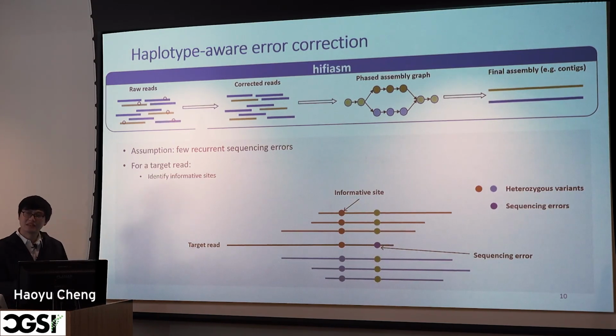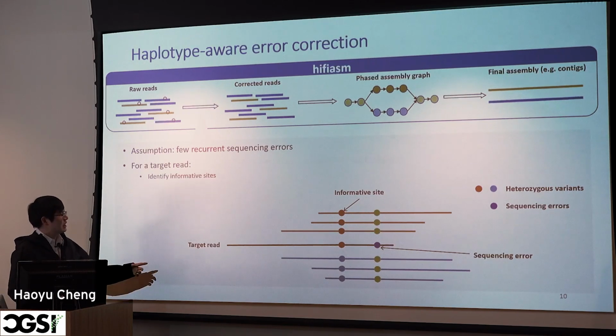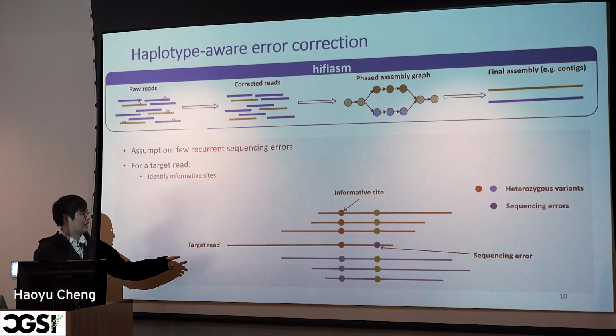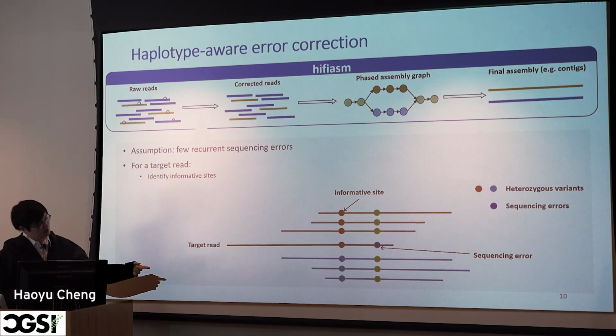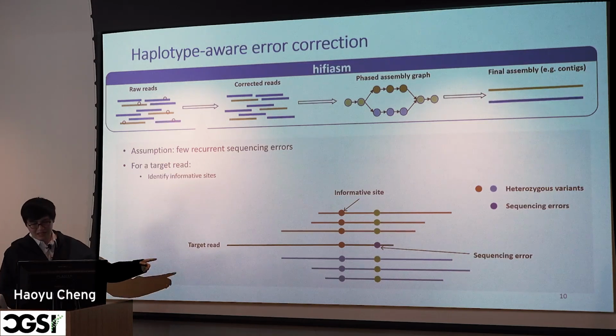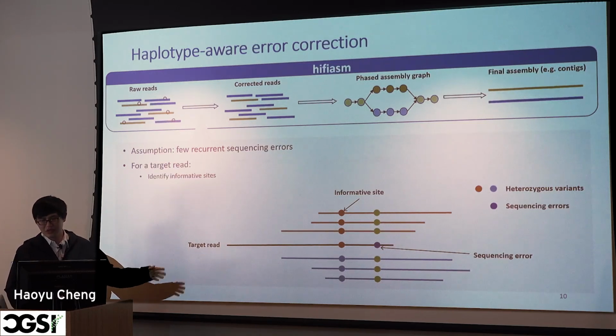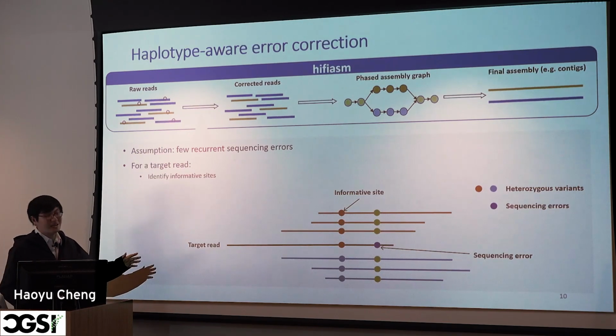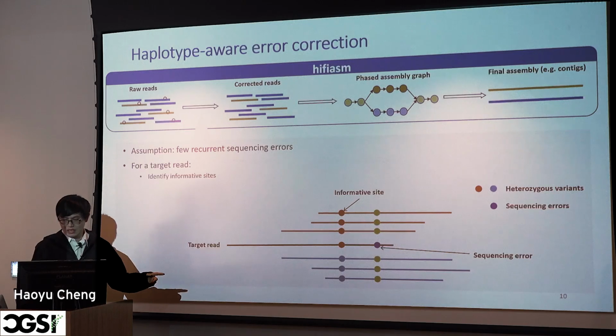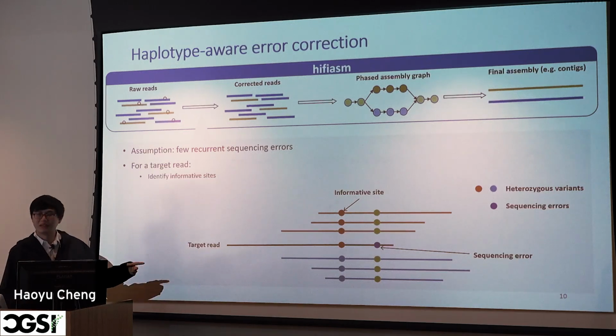The informative sites correspond to real variants or real heterozygous alleles. So in this example, if we look at the target read, there are two dots, right? The dot in red at the left side is a real informative site. The reason is that there are multiple other reads supporting it. But the purple dot on the right side is very likely to be a sequence error since there is no other read supporting it.